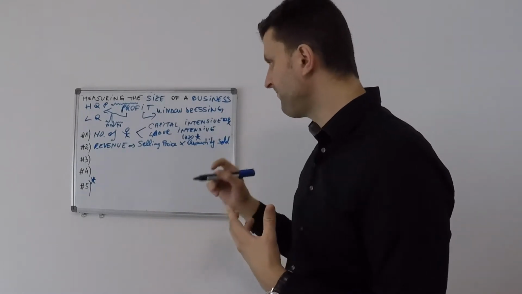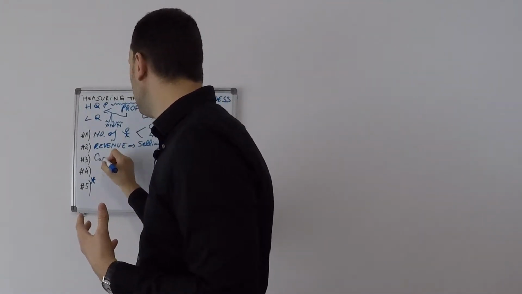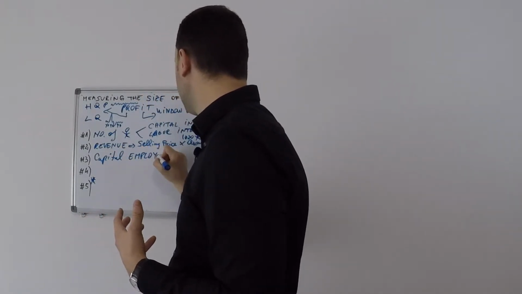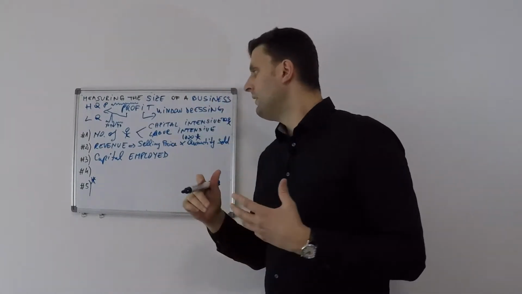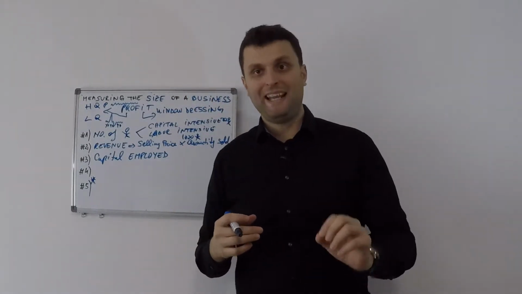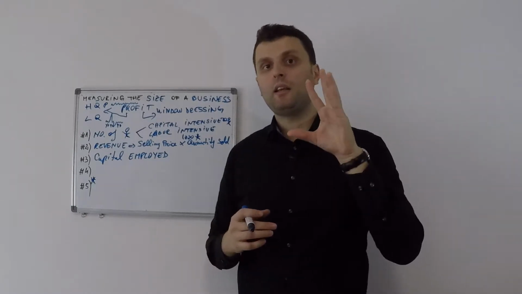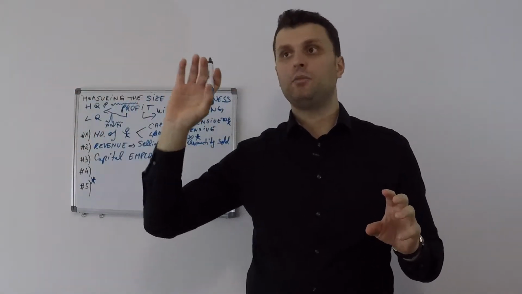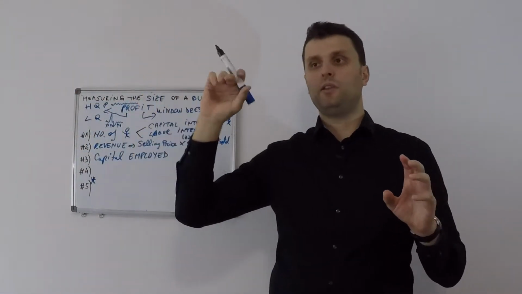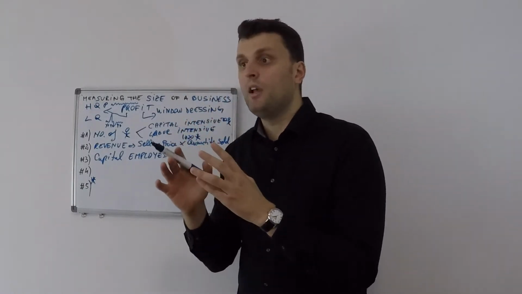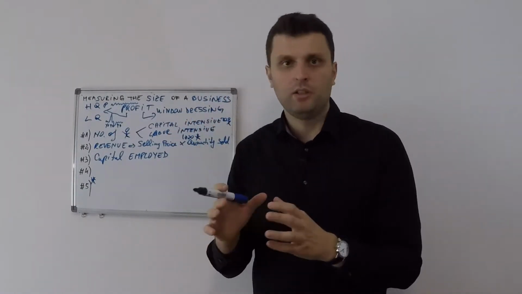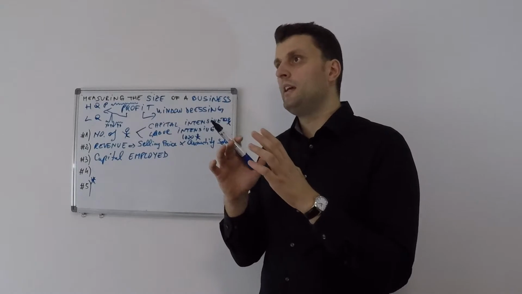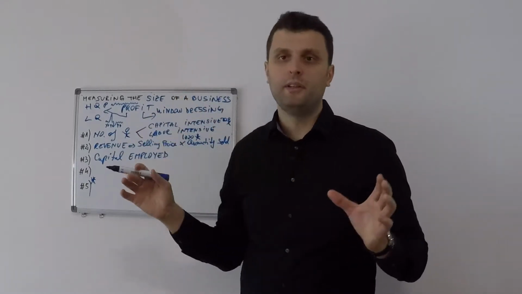Now the third one would be capital employed. And by capital employed, you should understand capital invested. You cannot compare the small corner shop that has invested 10 grand to start and operate, and its return rate and its way of operating and its way of being as a business in size with a huge multinational that invested hundreds of millions and produces a return rate and has a number of employees and plays in a totally different league.